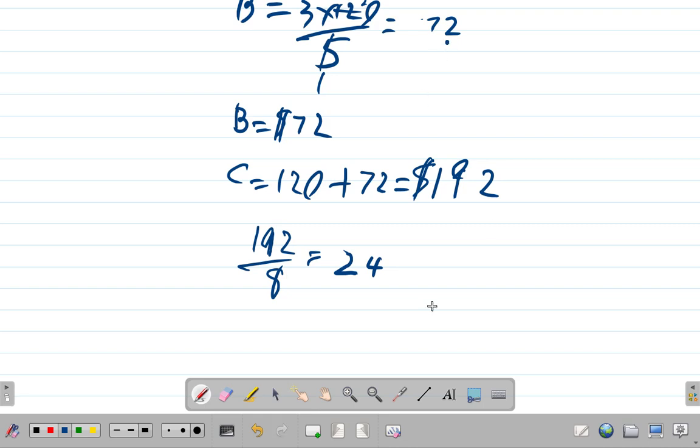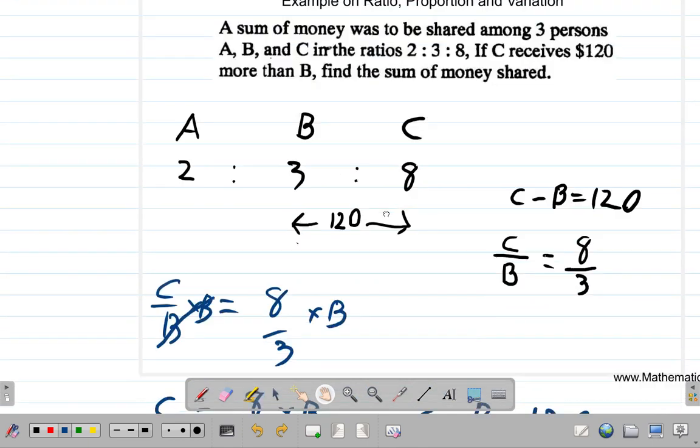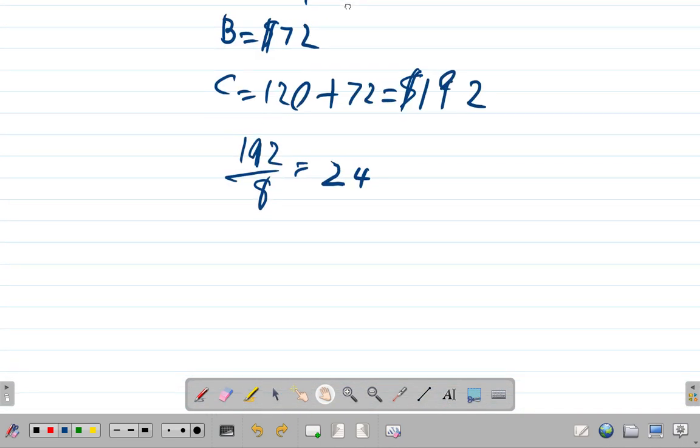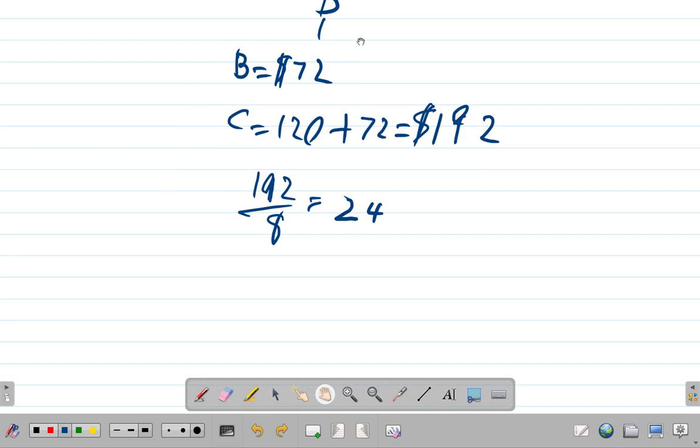Let's look again. Why did we do that? C got 8 parts. So if we take C's money and divide by 8, we'll see the size of each part. Now A got 2 parts. So the size of each part multiplied by 2 is A. A's money is 24 times 2 equals 48.